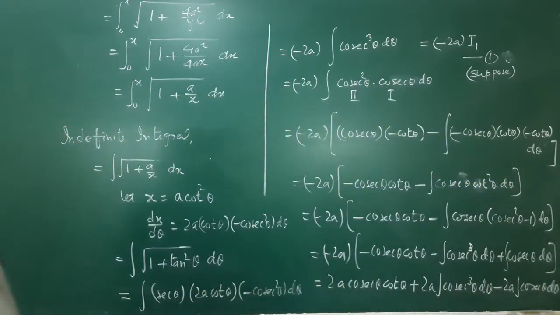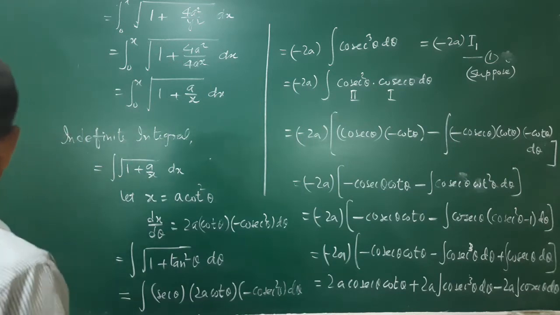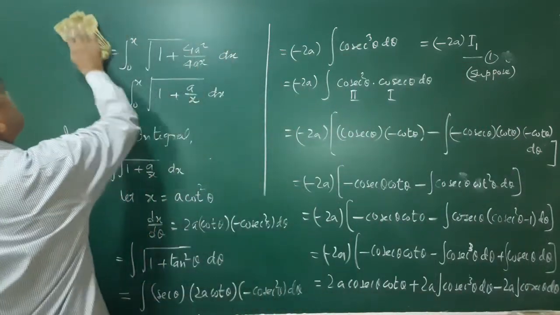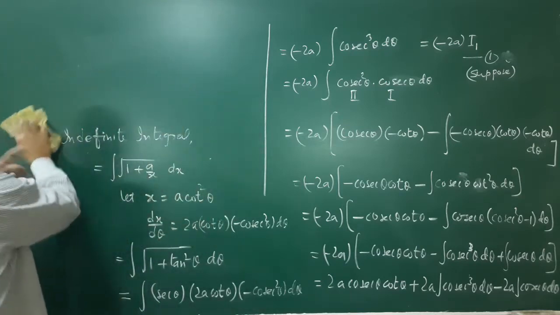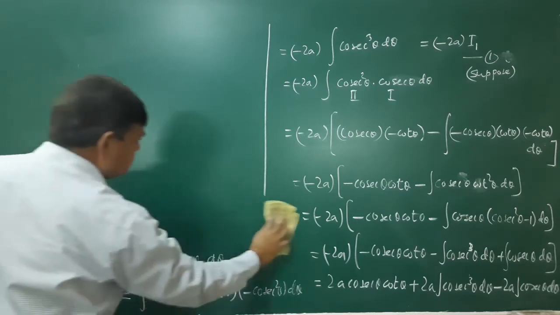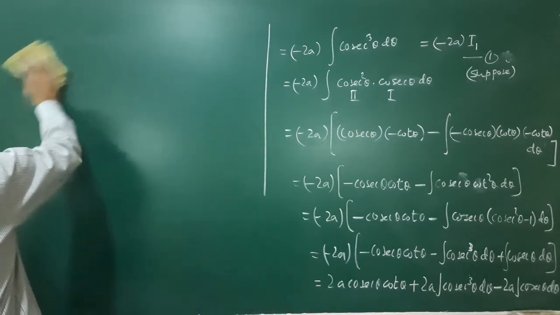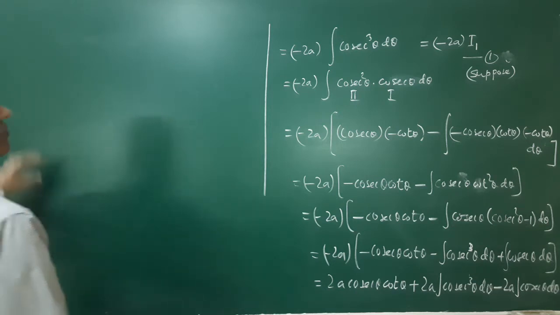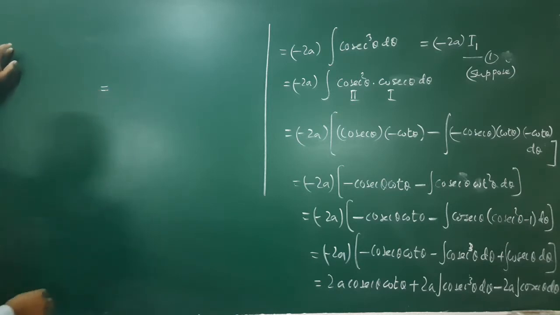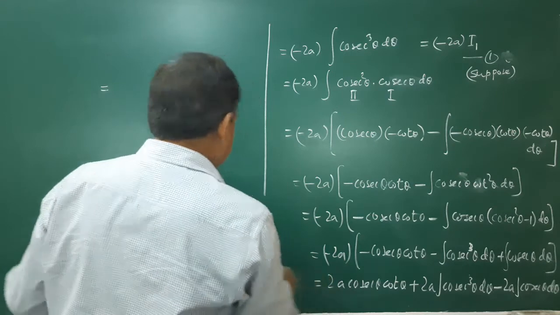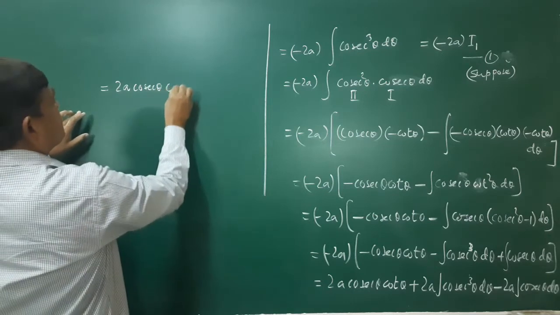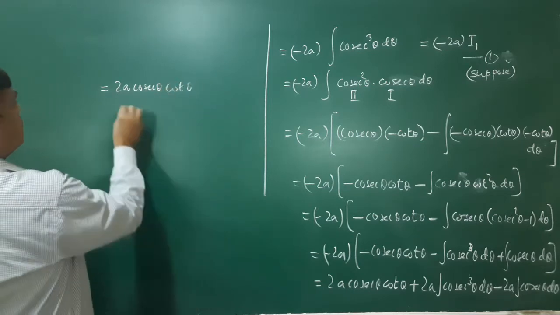Listen, from this side I write this integral as I1, for example. This is the indefinite integral. This is 2a cosec theta cot theta plus 2a.